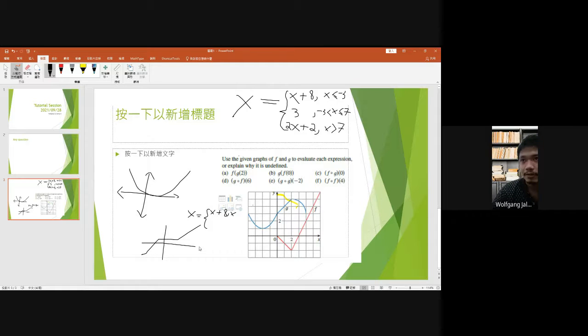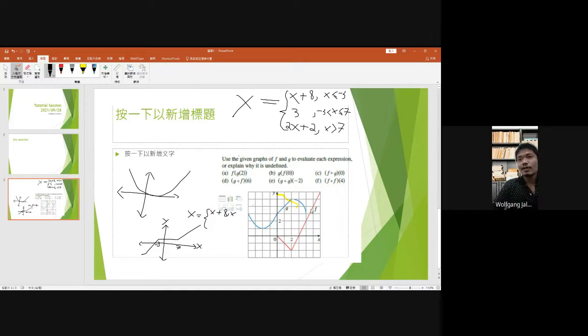So this is x, this is y, this is -3, somewhere here, and this is 7.